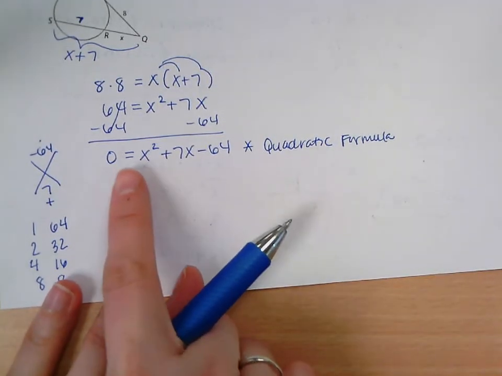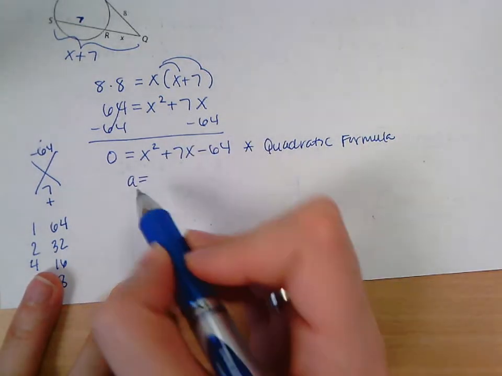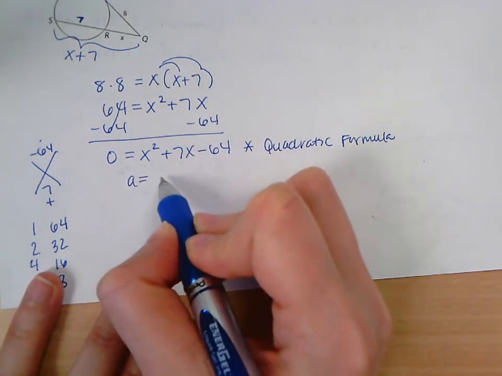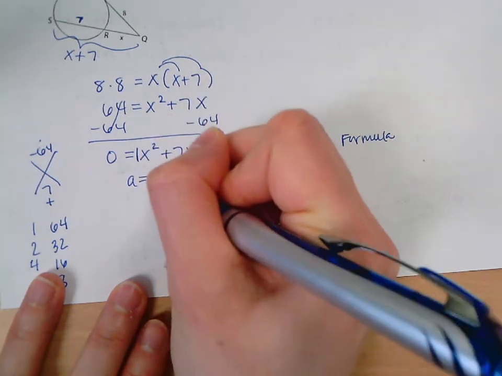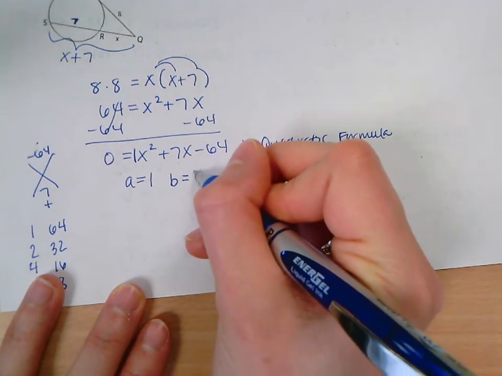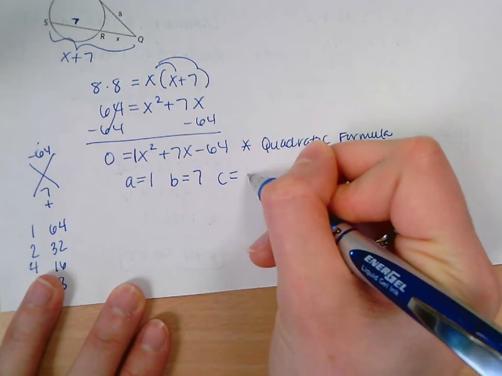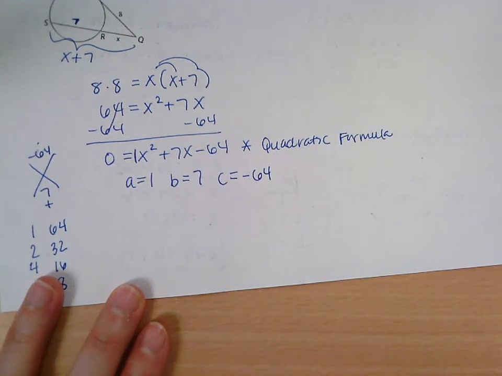But so for this one, what would our a value be? Not the x squared, but the number in front of x squared. Yep, so there'd be a 1. So the a, b, and c are just the numbers, the coefficients. B is 7, c is negative 64. And so these are the 3 numbers I plug into here.